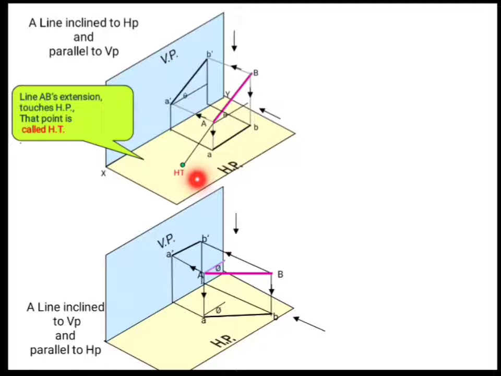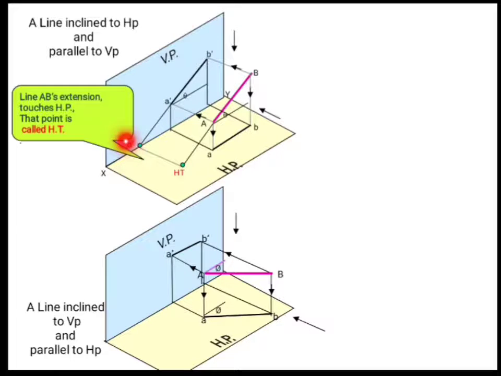Here, this is the horizontal trace of the line AB. In the vertical plane, we can see the extension of A dash B dash will intersect the XY line at this point, and that is H dash. This H dash and HT will be on the same straight line.